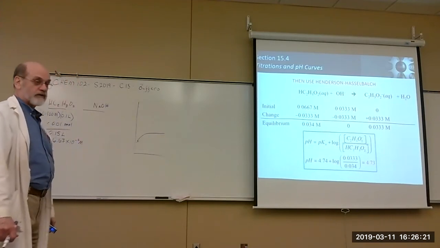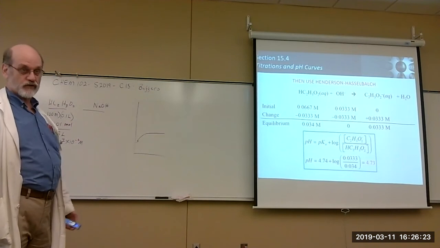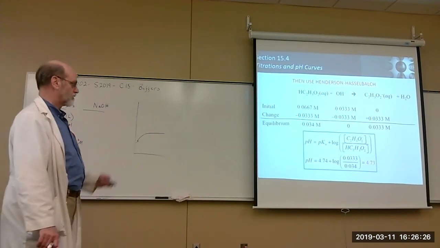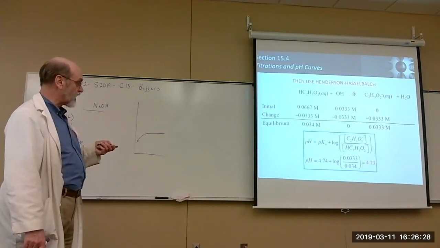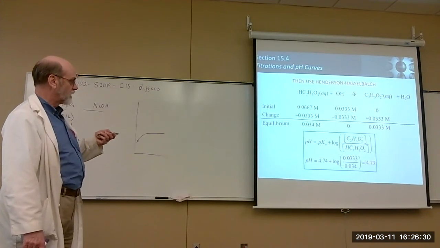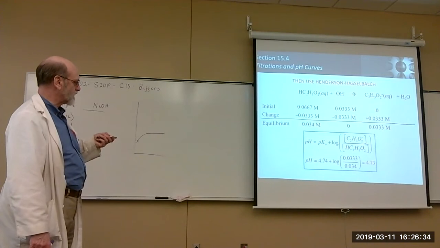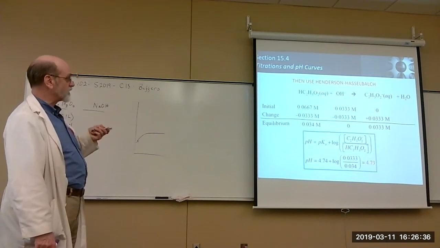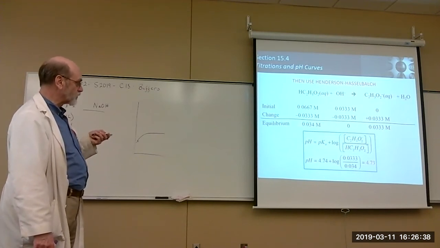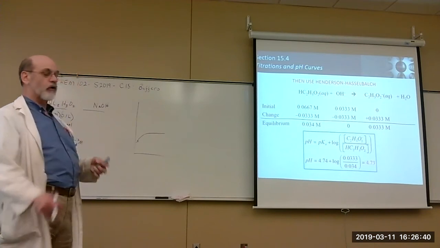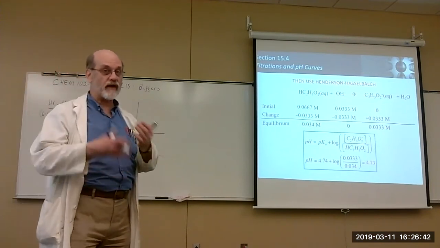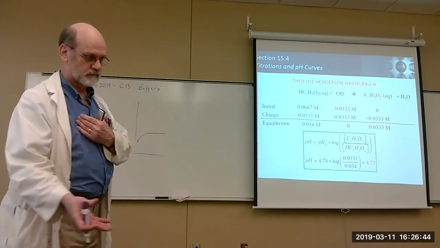And then we're going to use Henderson-Hasselbalch because it's quicker and easier. So we plug in the concentrations that were determined here. There's your conjugate base. There's your conjugate acid. Now that's not the controlling reaction. Those are the concentrations. The controlling reaction is the one where the acid reacts with water. Right.